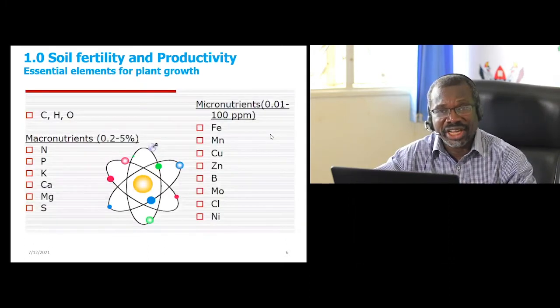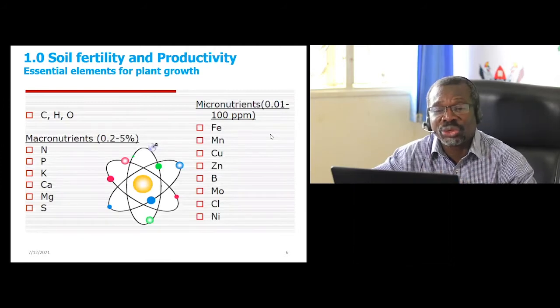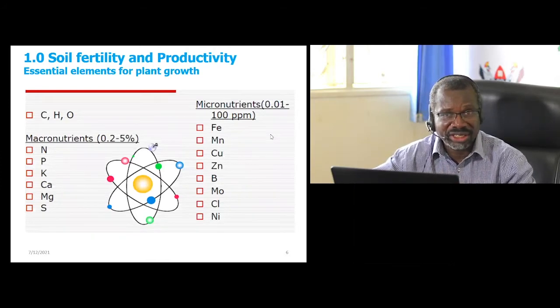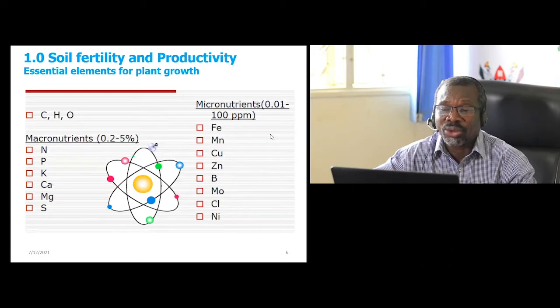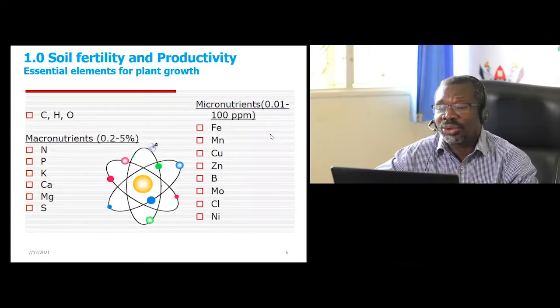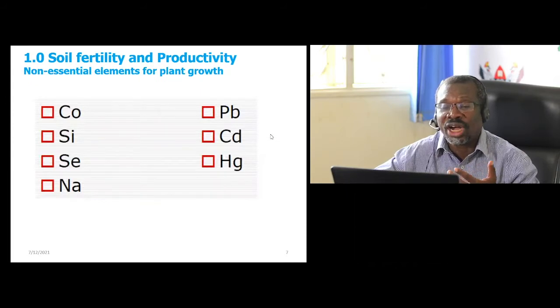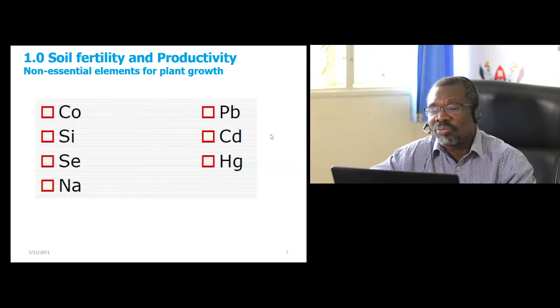So, as I said, we have those essential elements, that is carbon, hydrogen, oxygen, and a number of macronutrients which are required in big quantities, but also the micronutrients which are required in small quantities. But we also have the non-essential, which are really required in very, very minimum quantities.